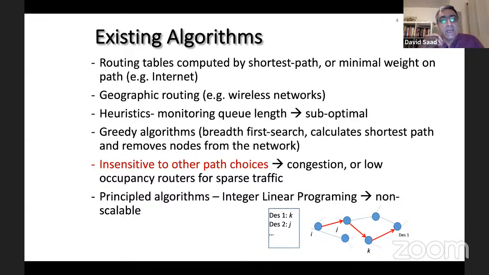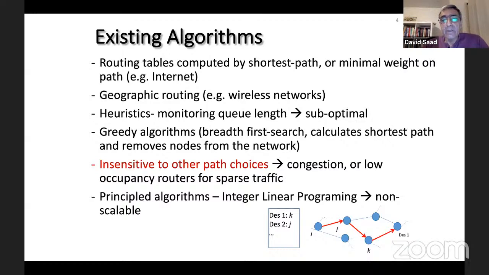They use routing tables that monitor the amount of traffic on each one of the edges, and they try to do what is called minimal weighted routing paths. These are shortest path kind of algorithms. In wireless routing, you also do geographic routing. You consider the position of the different transmitters. Other heuristics are to do with measuring queue length and trying to minimize that.